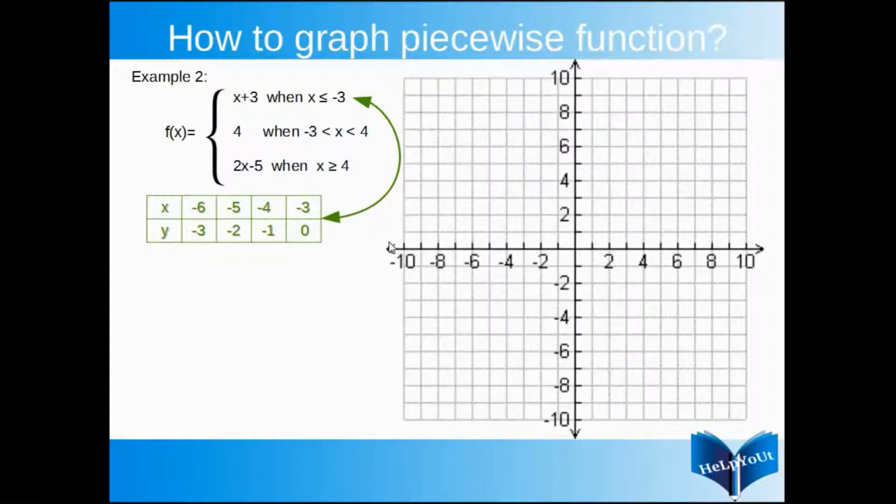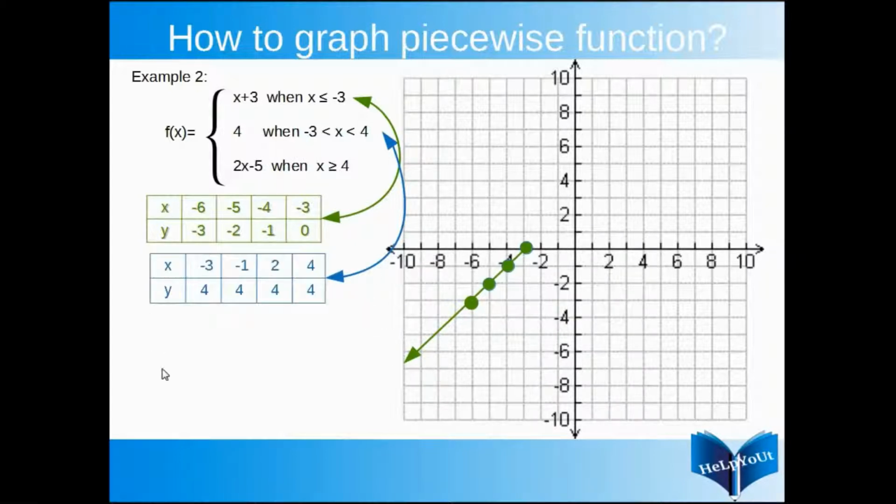Now let's plot that. I have plotted these points and I have joined and I got this line. Then I am going to make a table for this second function. This is in blue, and this table is between minus 3 and 4.